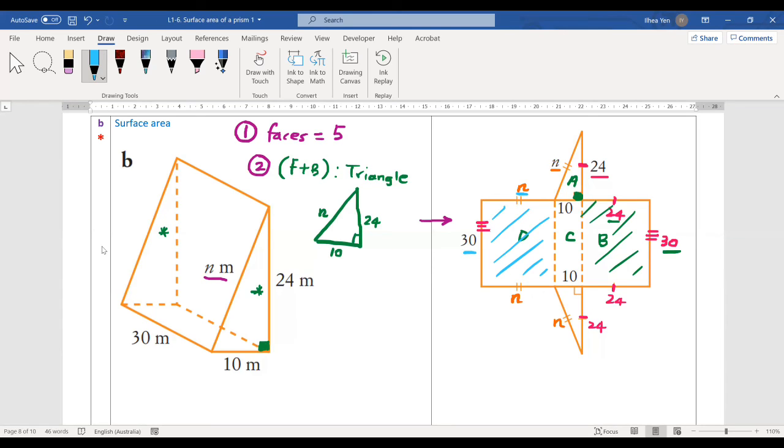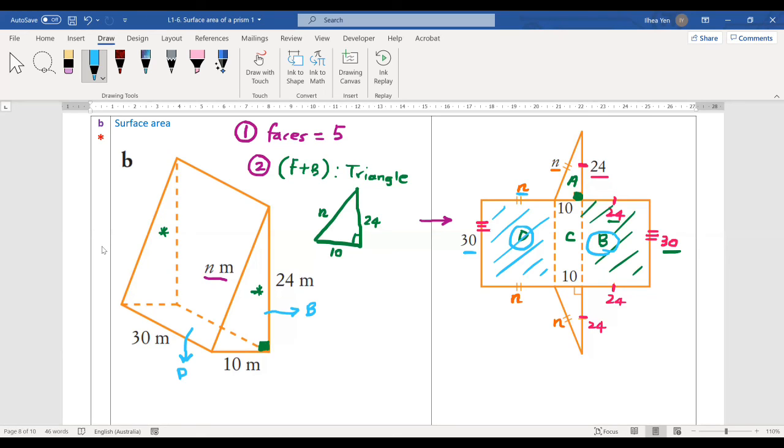So obviously B and D are not the same. So we can't say this side and this side are the same. They're different. So that's our B, that's our D.